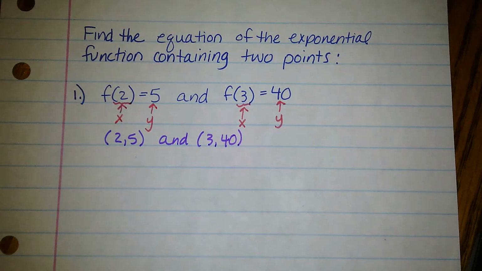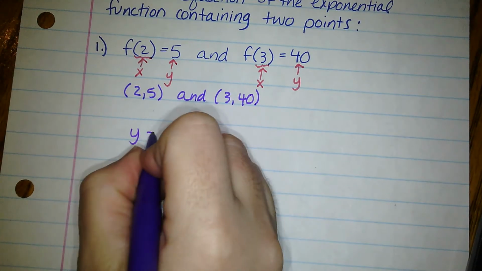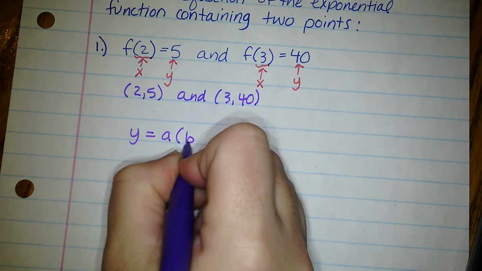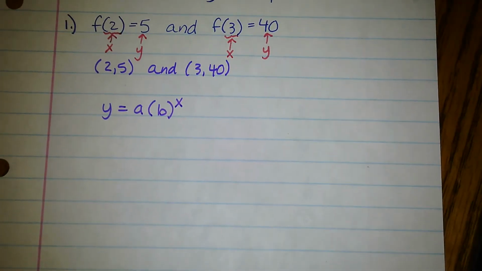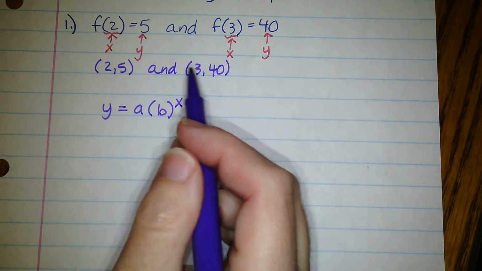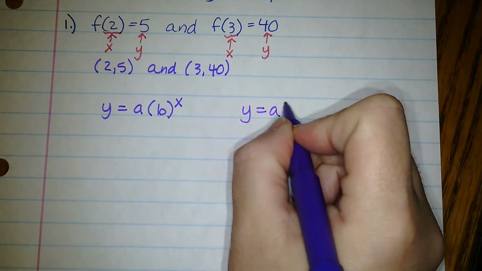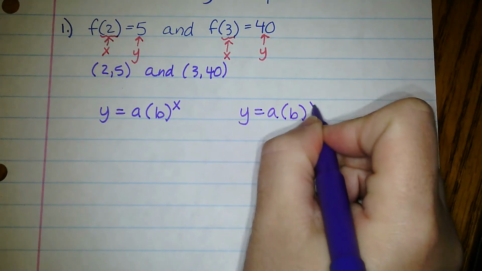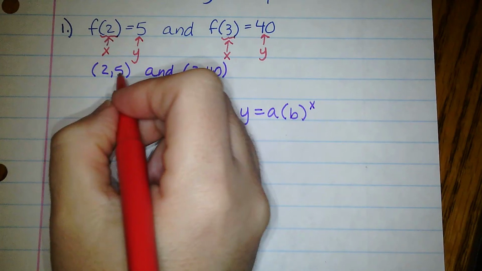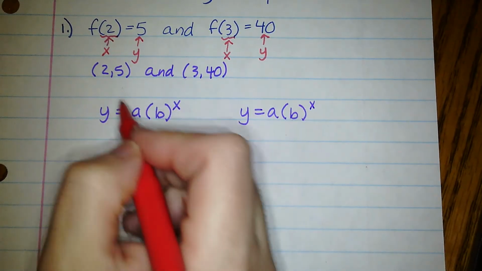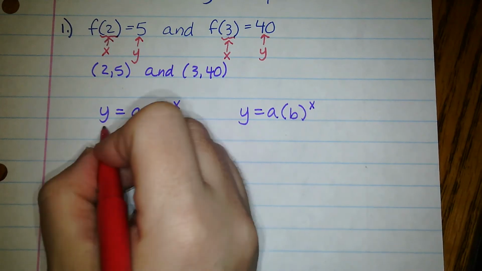Now, an exponential function is always in the form y equals a times b to the x. And we are going to need to write that twice, one for the first coordinate and one for the second one. The first thing you're going to do is take the first equation, the first coordinate, and plug the 2 in for the x and the 5 in for the y.